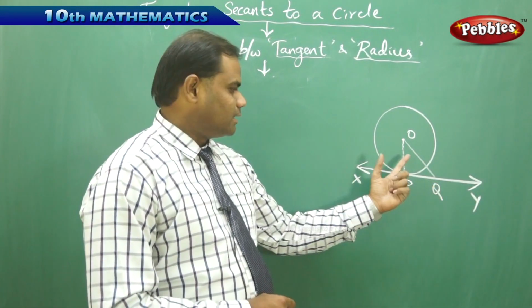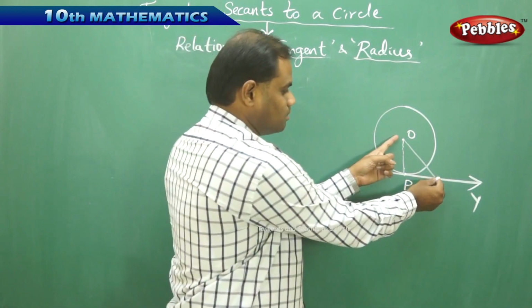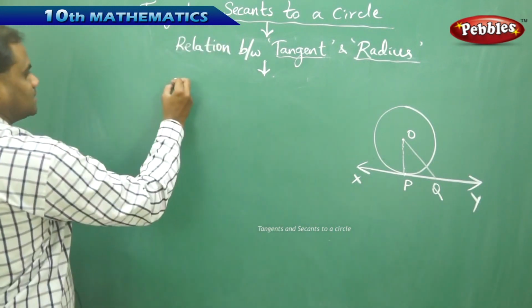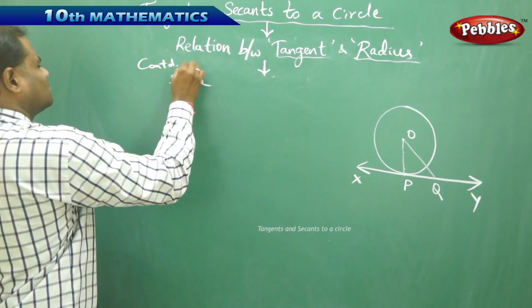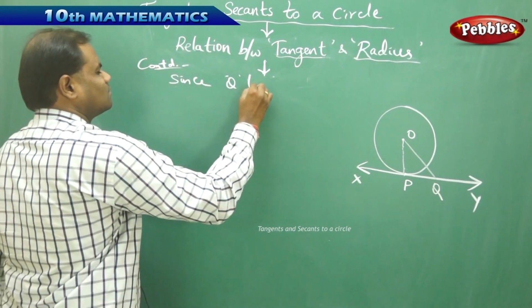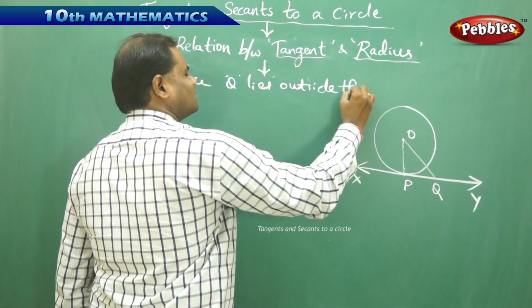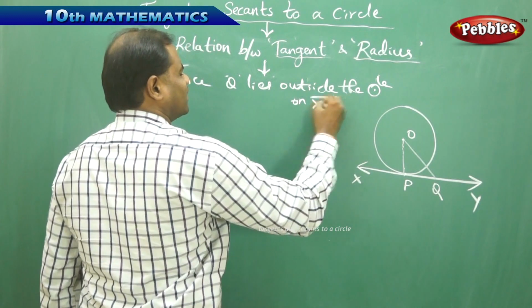the proof, then if Q lies outside the circle, clearly OQ should be greater than OP, because Q lies outside the circle on the tangent XY.